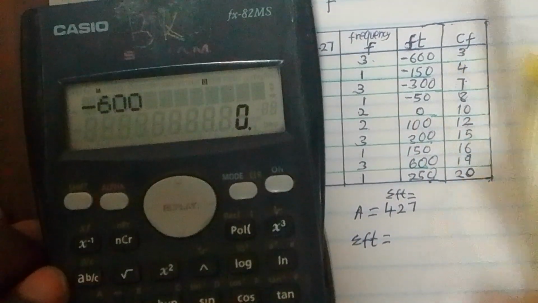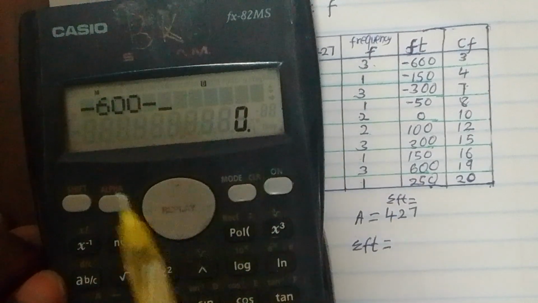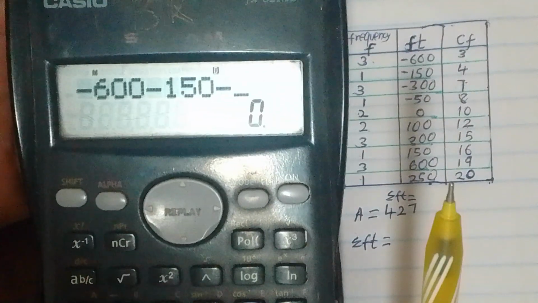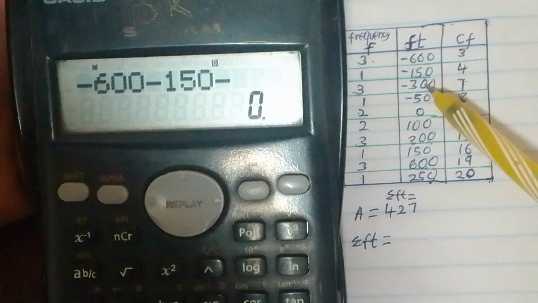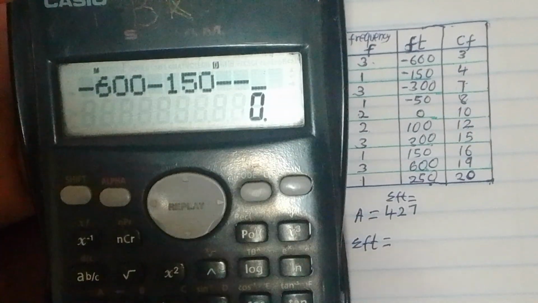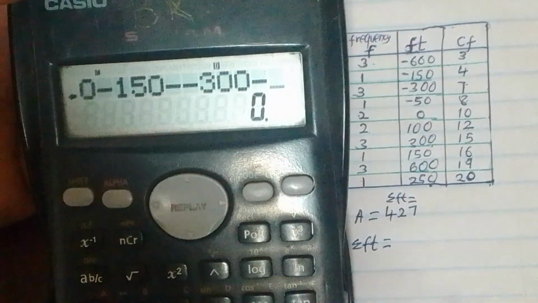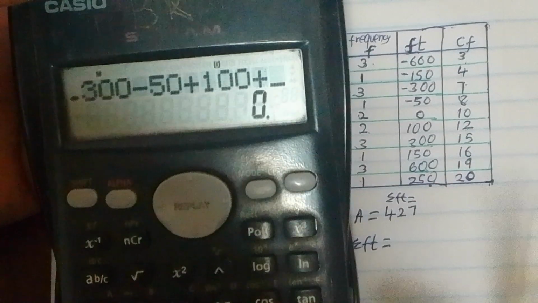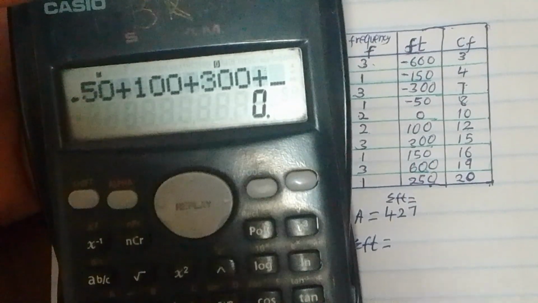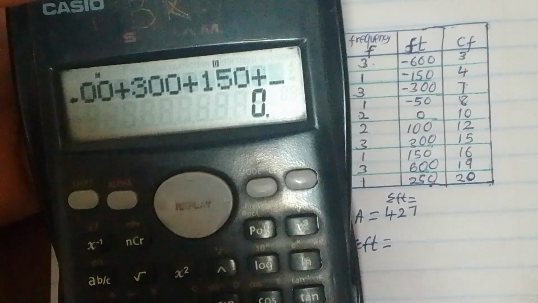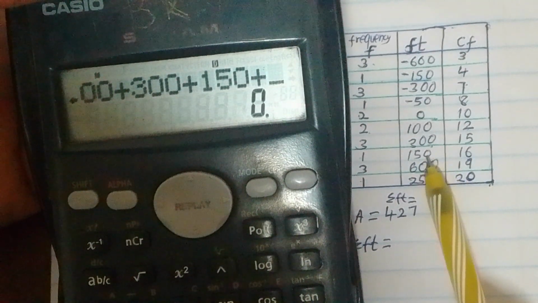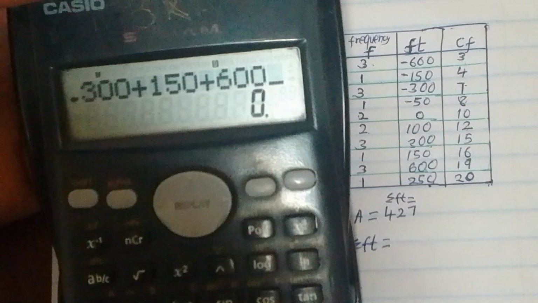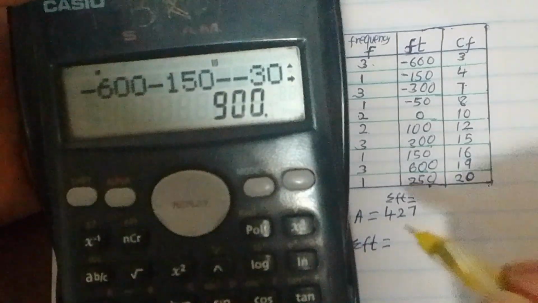Minus 600, plus 150, plus 600, plus 250, get 900.